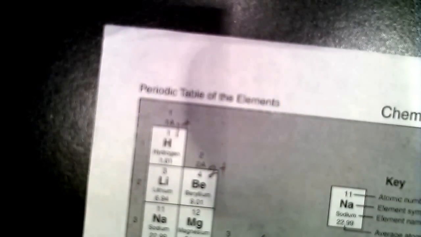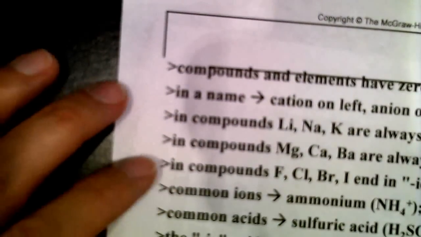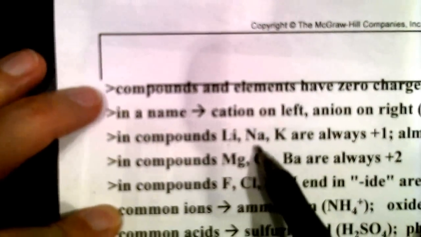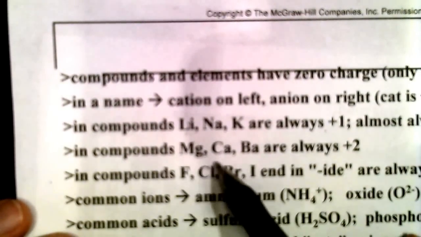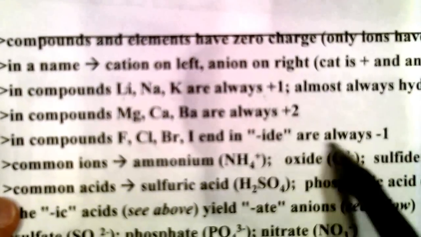Okay, so that's the basis for our first 3 rules: that lithium, sodium, potassium always have +1, magnesium, calcium, barium always have a +2, and fluorine, chlorine, bromine, iodine always have a -1 charge, and an -ide.